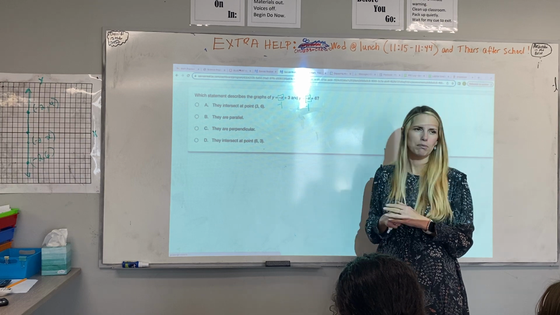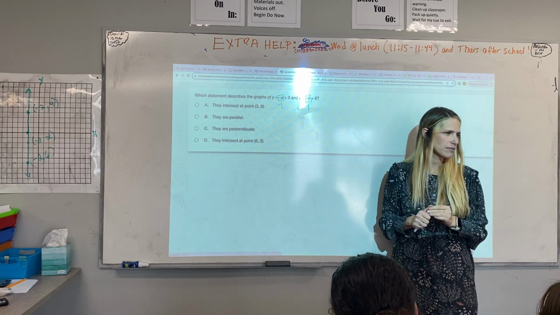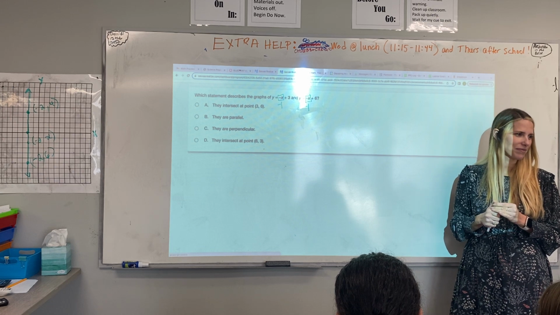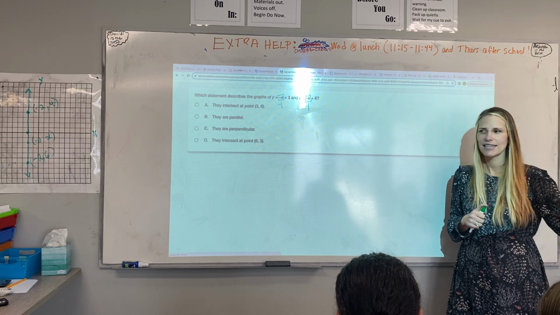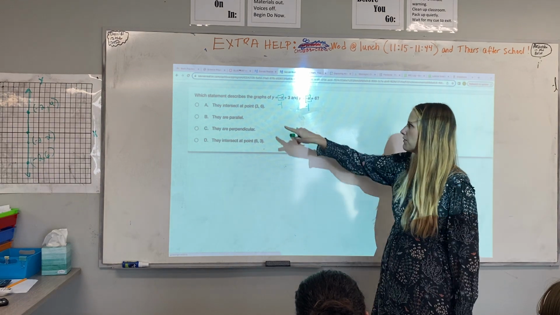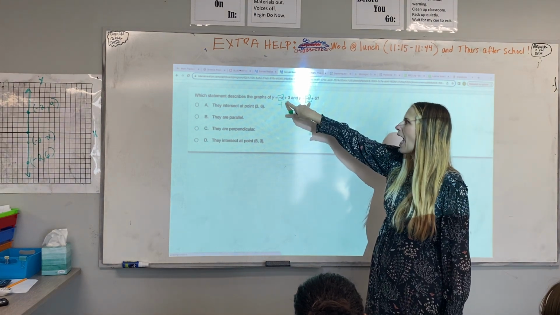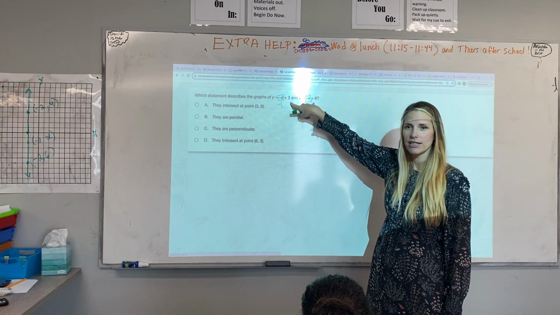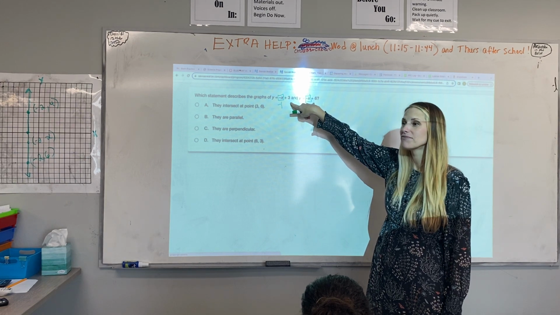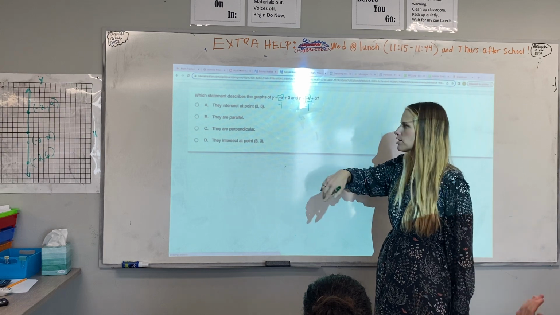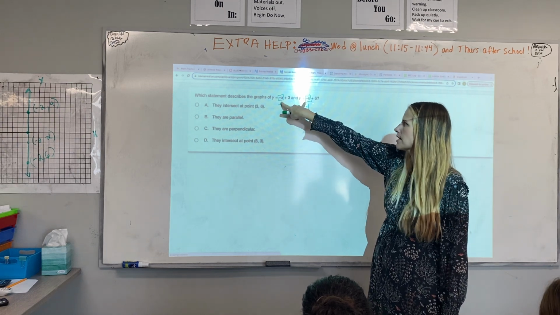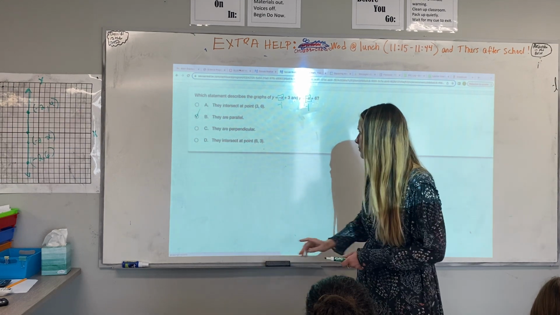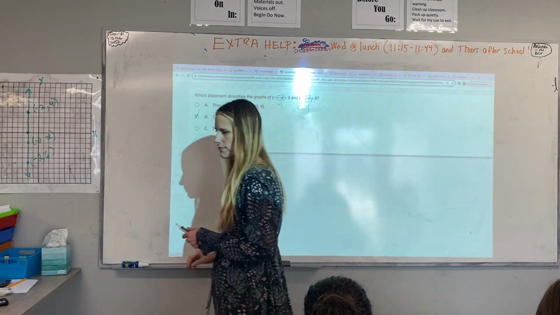Maybe they're both at the same y-intercept. Yes. So what he's saying is, if the slopes are the same and the y-intercepts are the same, then they're not parallel, they are the same line. That was just a little trick question, but the answer is same slope, different y-intercept, parallel lines.